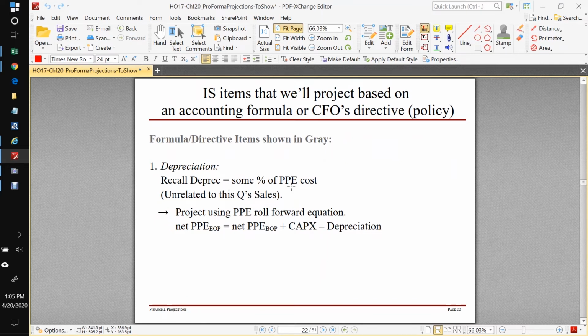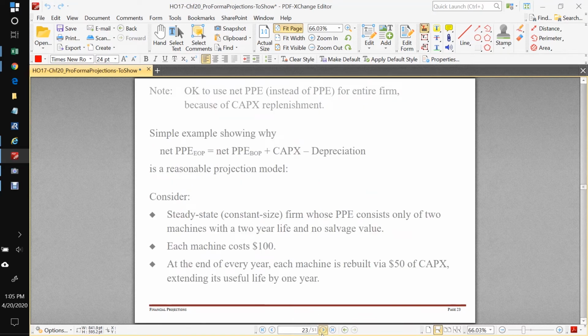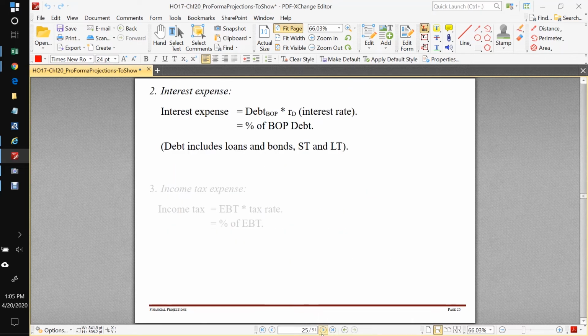It's always some percent of PPE cost. So we're going to get our depreciation from our PPE depreciation CapEx roll forward equation. We always want to do that with depreciation, and we'll look at that roll forward equation more carefully in a minute. I'm skipping all the gray pages as usual.